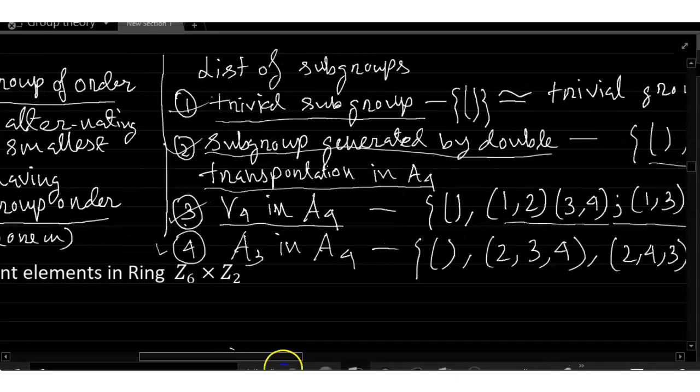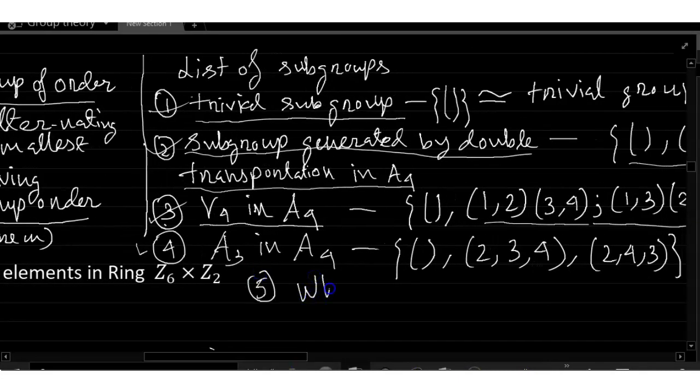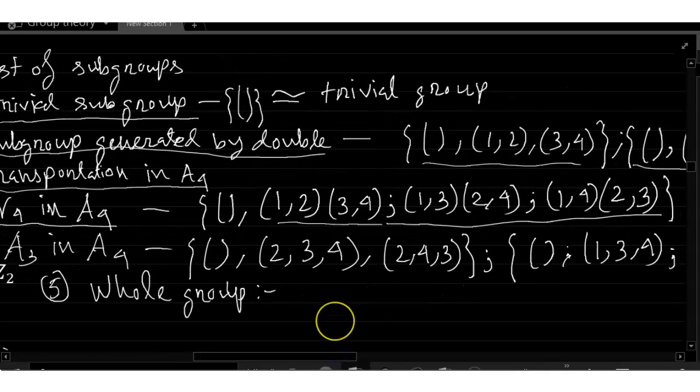Number 5 is the whole group. Whole group is all elements, isomorphic to A4.